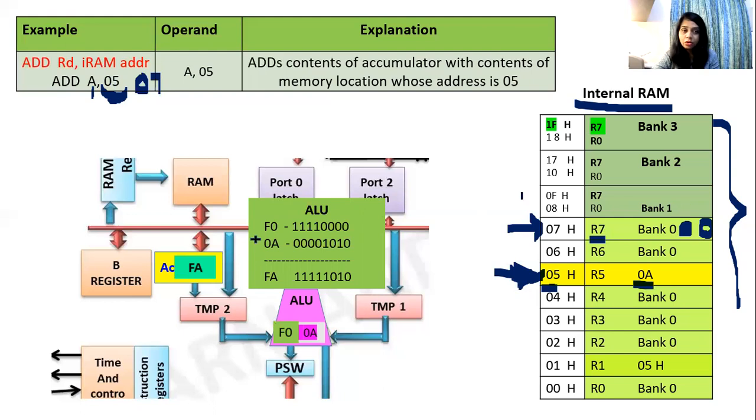In bank 1 also, if it writes 08, 08 is the R0 register of bank 1. So it will take contents from bank 1. So here the direct internal RAM address is available in the instruction. So understand, when there is a hash, it is data. When there is no hash, it is an address.